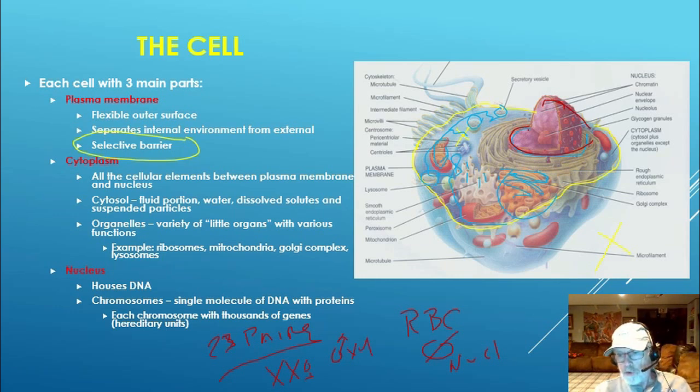On these chromosomes are little small sections, and those little sections of the chromosomes are called genes. And the genes actually have the code for making every protein, everything I need to know. Everything I need to make my body is on these genes on the chromosomes inside the nucleus.